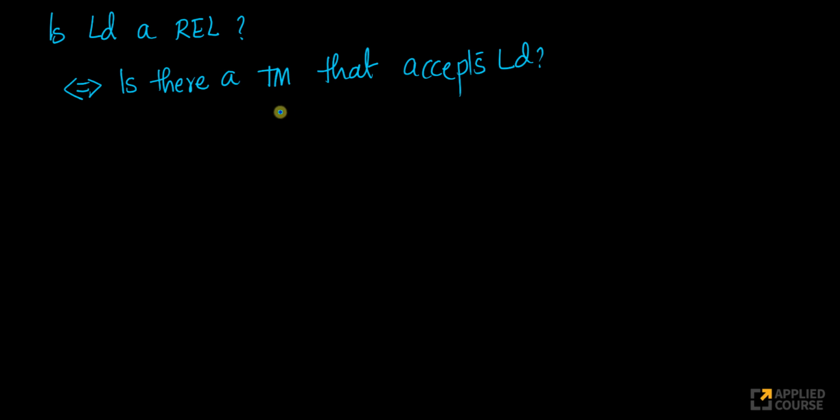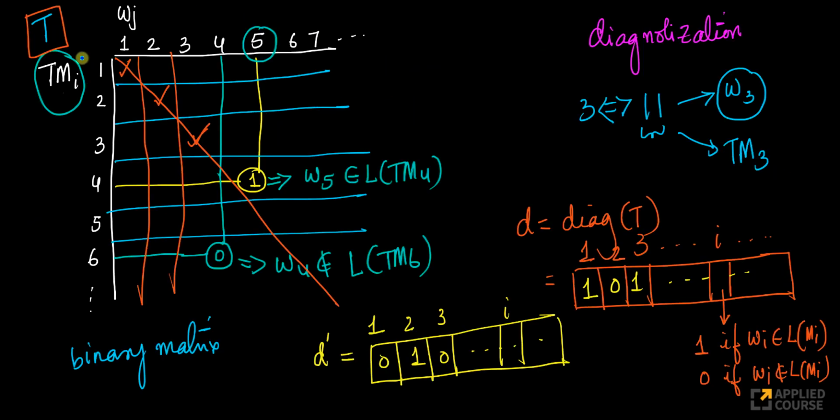Now, one more thing that you have to realize, very importantly, is that every Turing machine possible is there. Every Turing machine that is possible corresponds to a number, corresponds to an i.